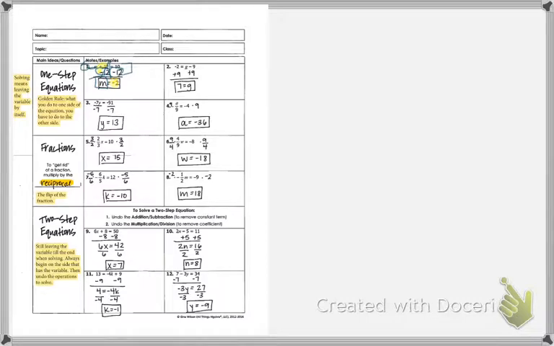Now let's take a gander. Let's look at number 4. Okay, number 4, you have the fraction a over 9 equals negative 4. All right. Well, this is a fraction. The operation is division, and you can see just from the notes, the opposite of division is multiplication.